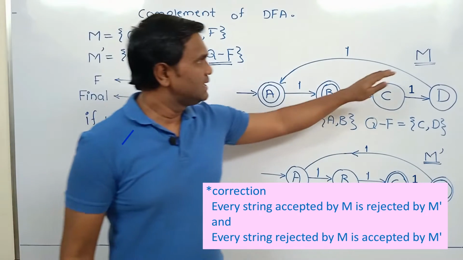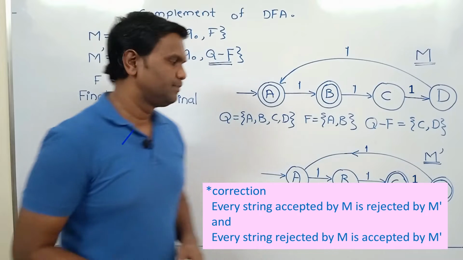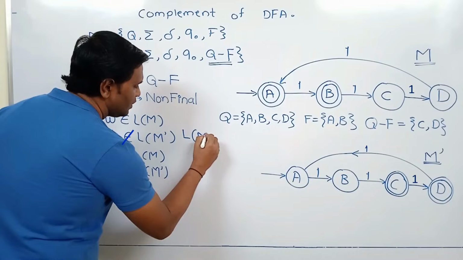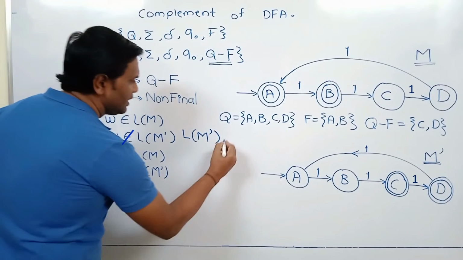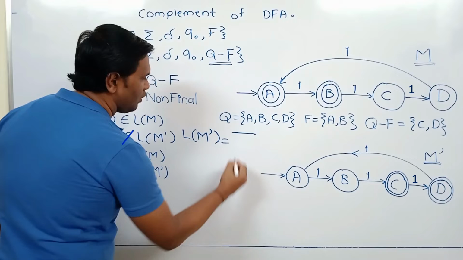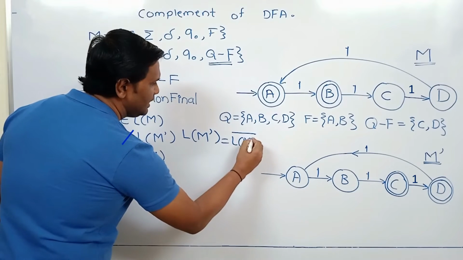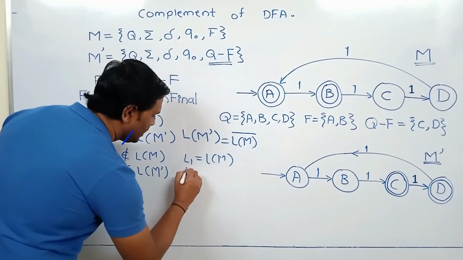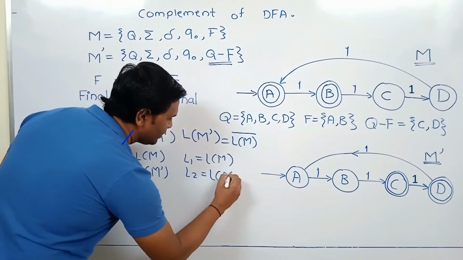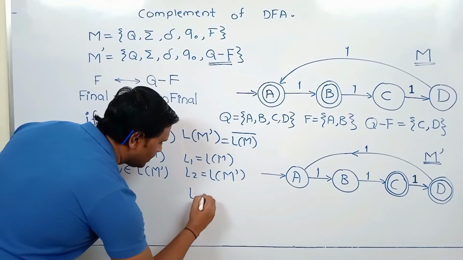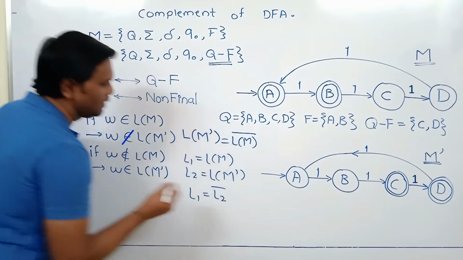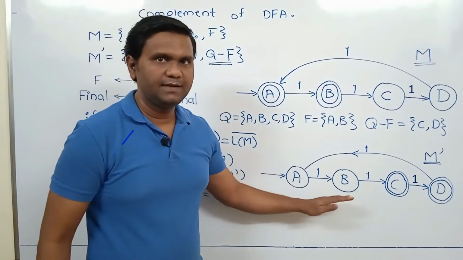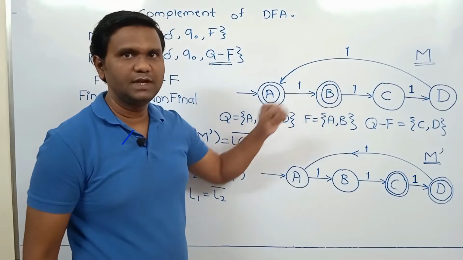So the language of the complement of the DFA is equal to the complement of the language of the DFA. If L1 equals L of M and L2 equals L of M complement, then L1 is the complement of L2. So the complement of the DFA recognizes the complement of the language of the DFA.